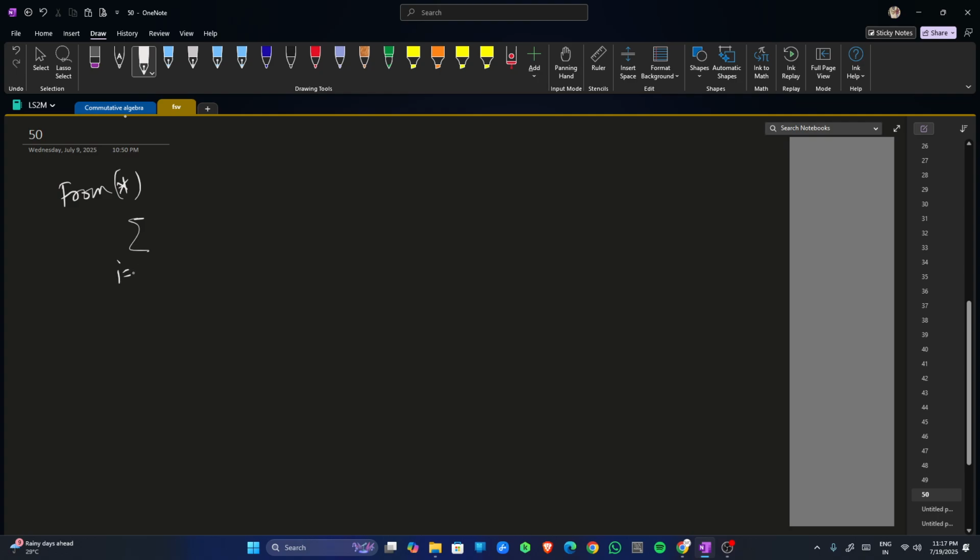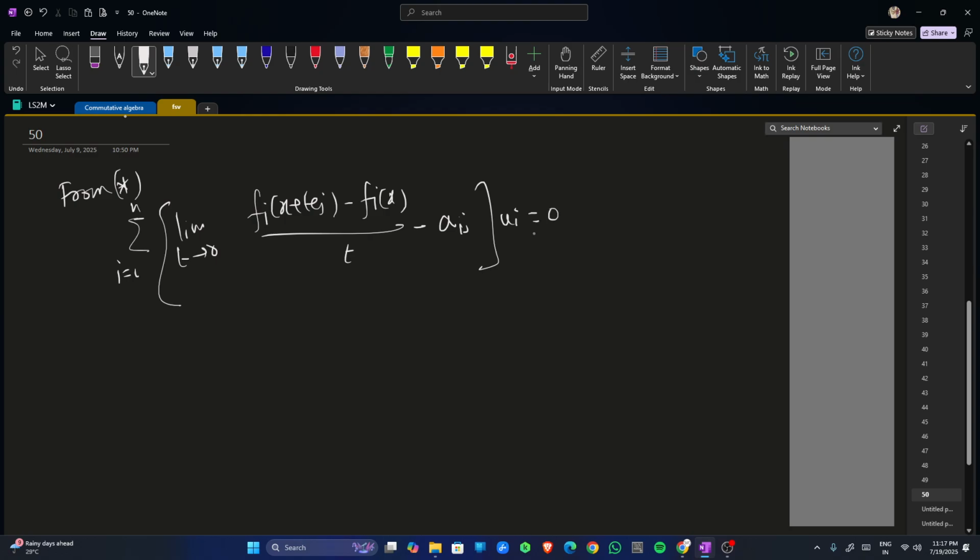Take the summation out, i equal to 1 to m. Put the limit inside the sum: limit of fi of x plus t ej minus fi of x divided by t, minus aij, times ui equals 0.